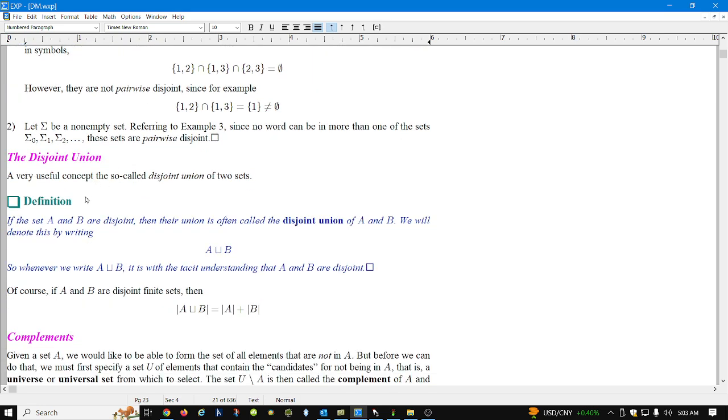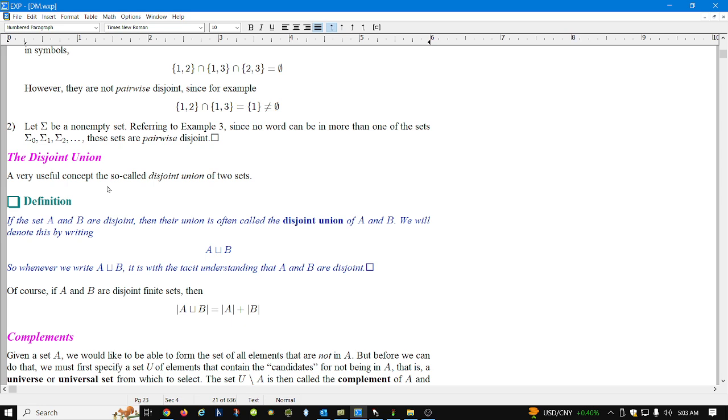Related to disjointness is a concept that I like very much, but you don't see as often as I think you might. It's not really a new concept. It's just a definition. Disjoint union. When two sets, A and B, are disjoint, I will refer to their union as a disjoint union.